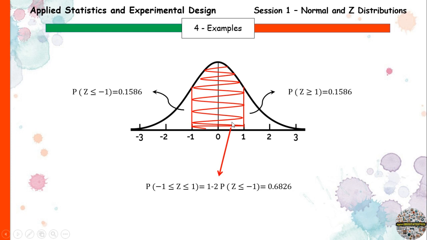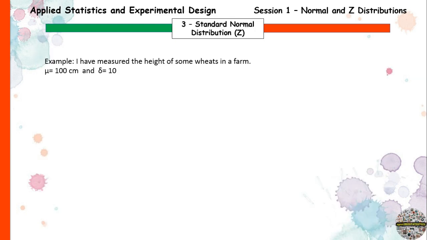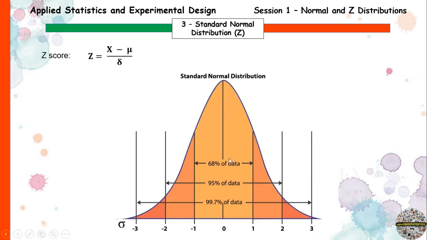And now you found out why the probability of values between minus 1 and 1 in previous slides was something around 68%, as you saw. I think you saw here the probability between minus 1 and 1 was 68.